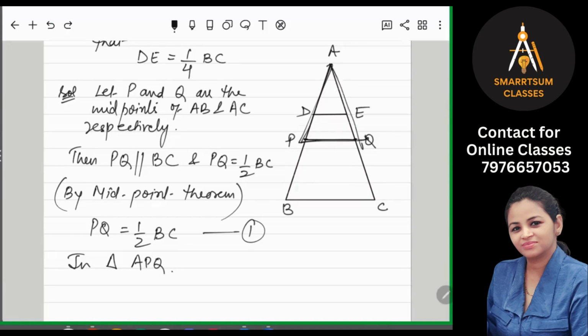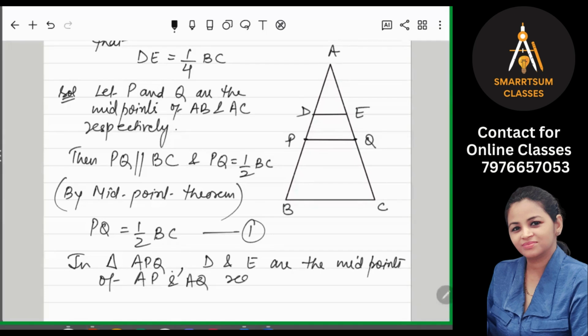In this triangle, D and E are the midpoints of AP and AQ respectively, right?